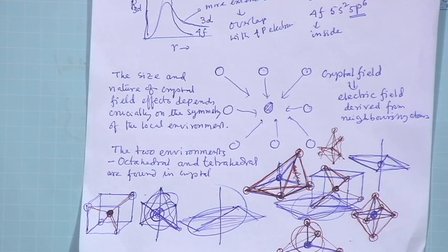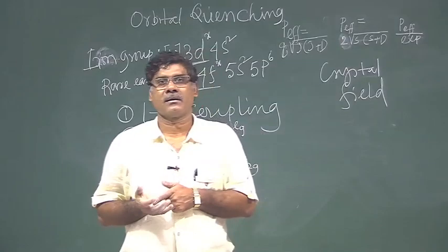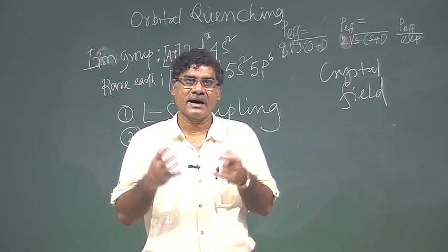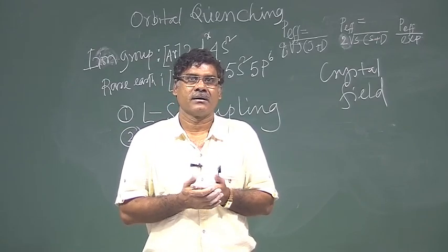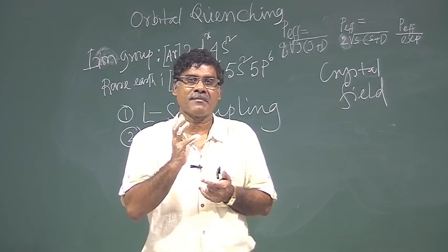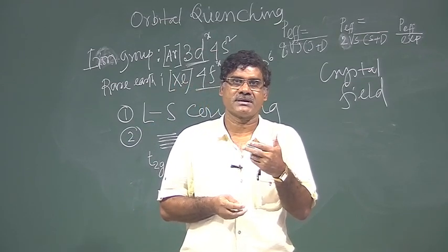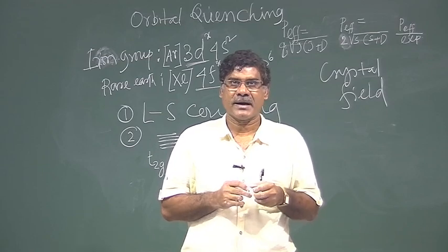So, in which environment your ion is, whether it is tetrahedral or octahedral, that is the effect of the surroundings on the ion. That sometimes affects the orbitals, which are associated with the magnetic moment.